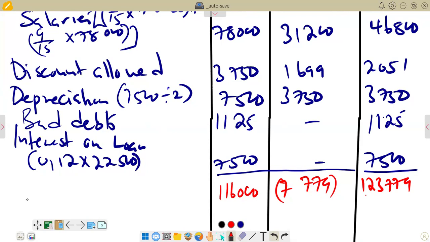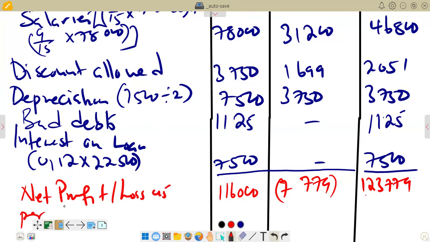So this is what we have, and then this is going to be our net profit. Net profit or loss. This is what we have.